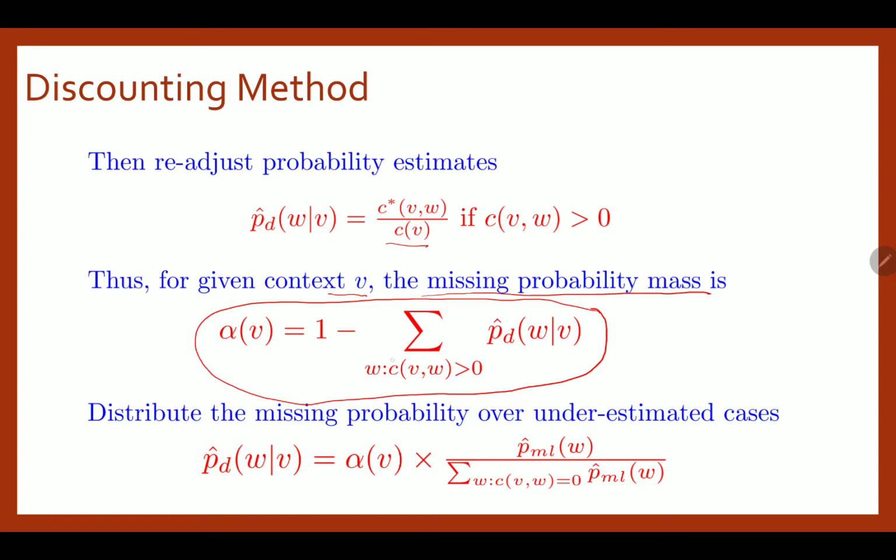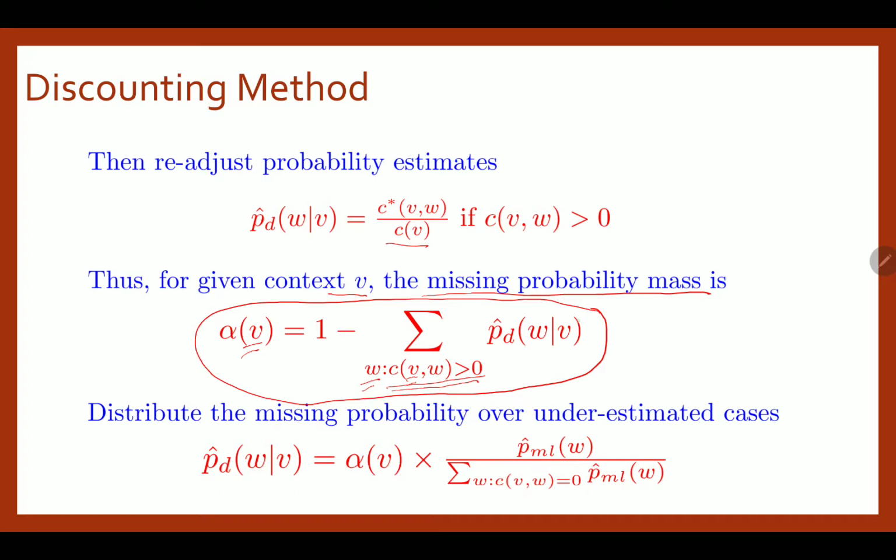Look at this expression very carefully; I think it's a very simple expression. For a given context, look at all the bigrams this context makes with other words, and whenever the count of the bigram is not 0, we have readjusted the probability values by this much, so we have to add this much.